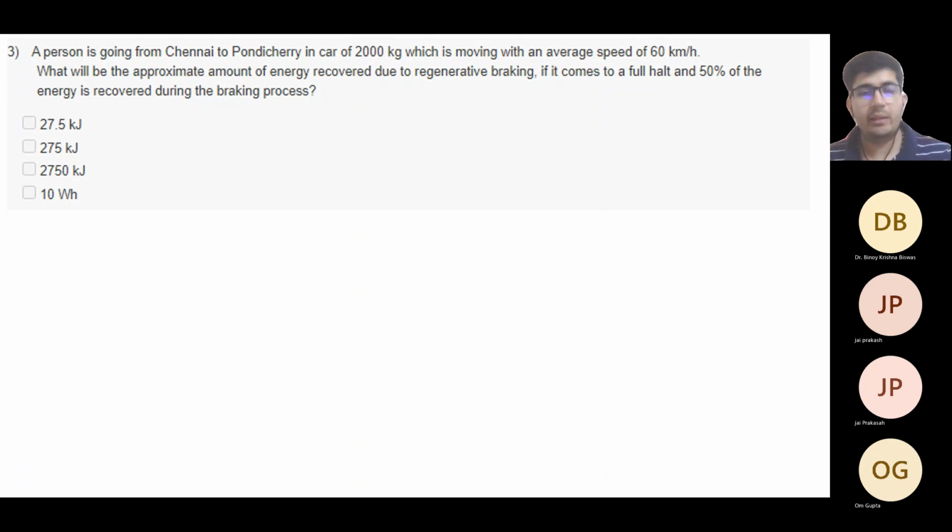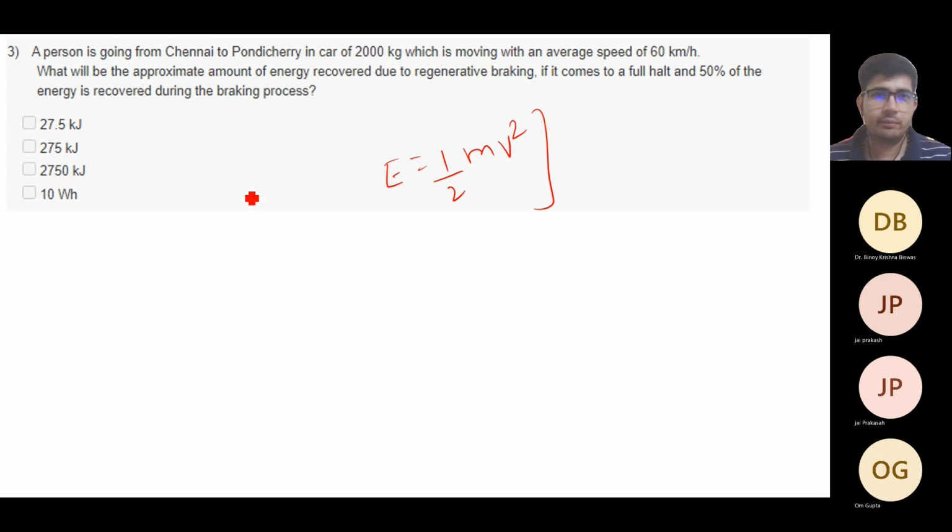It's a numerical. As a hint, you can use the energy formula of half mv square. Now try to solve this numerical, take 2-3 minutes.